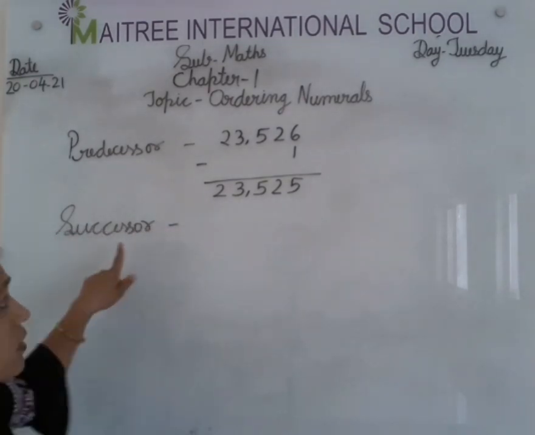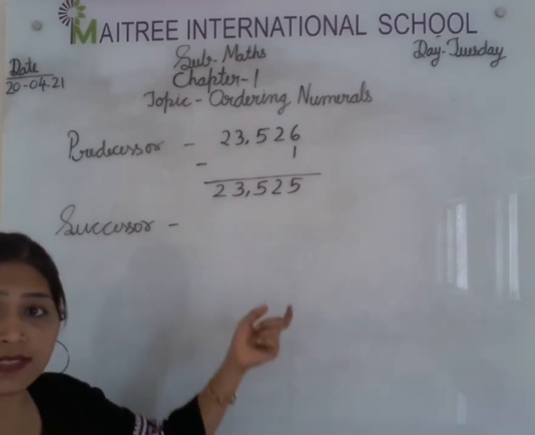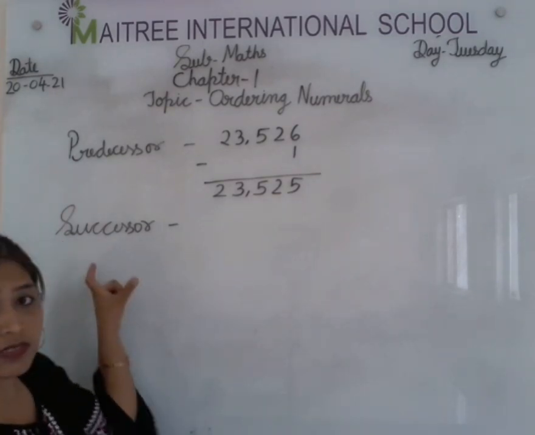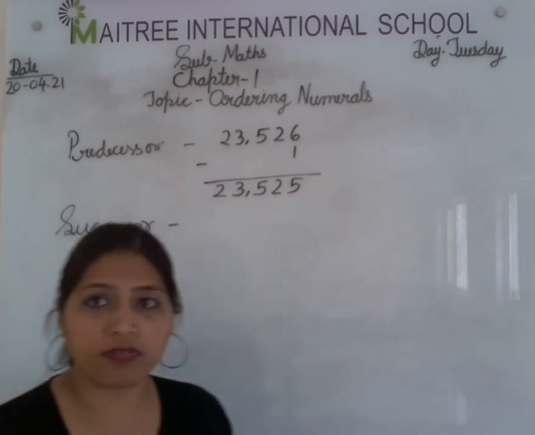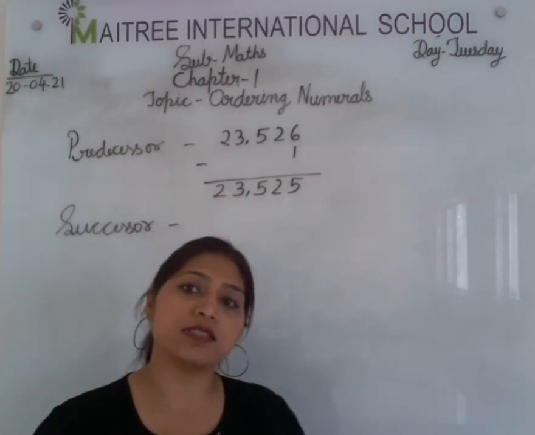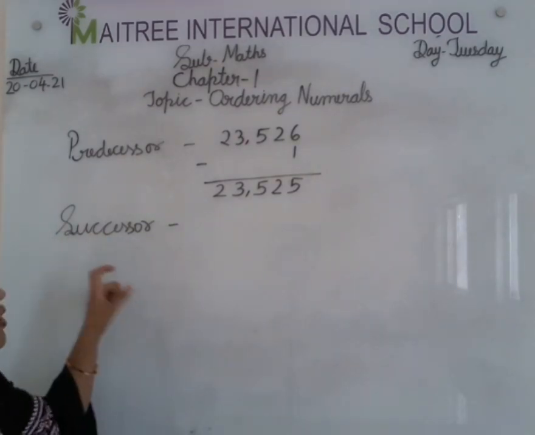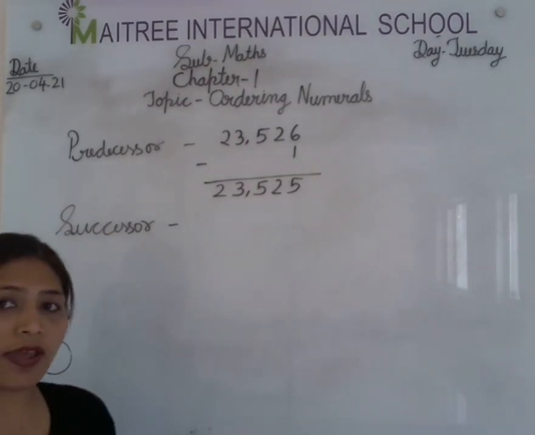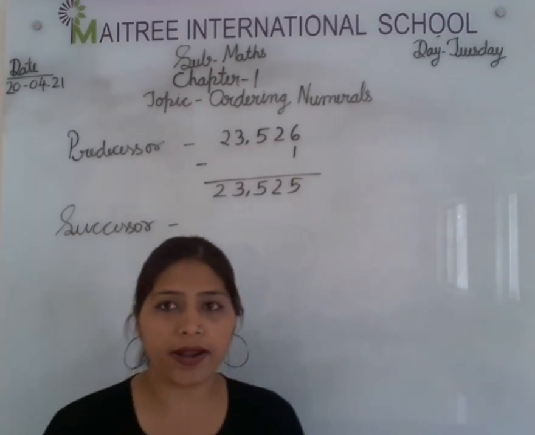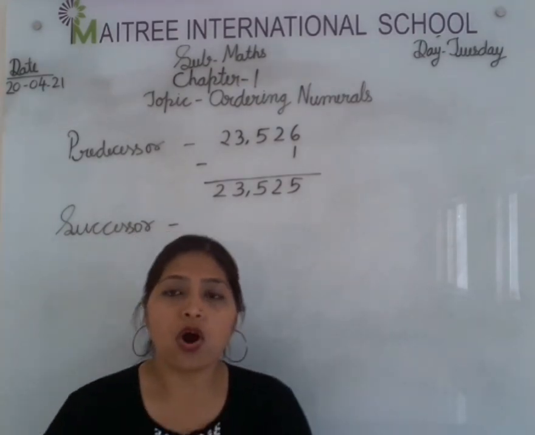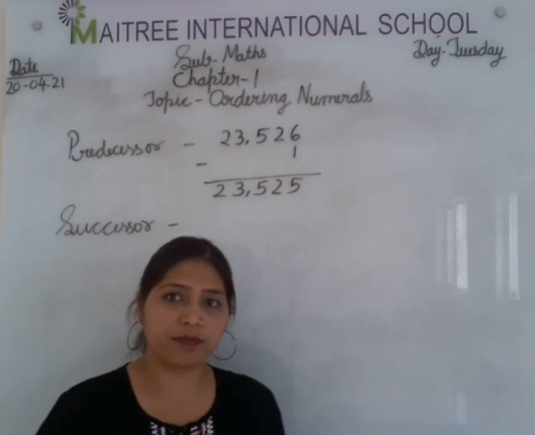And what is successor? As the name suggests, success means move forward. We need to move forward. So to get the successor of any number, we have to add 1 to the number, or you can say just after number.